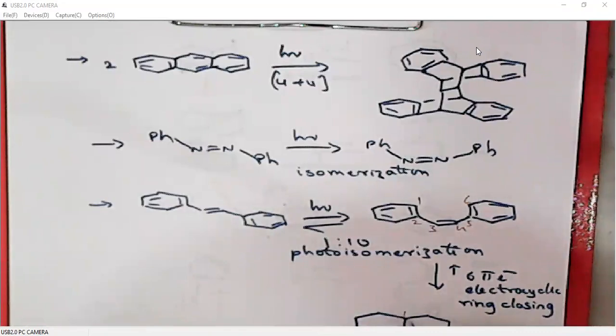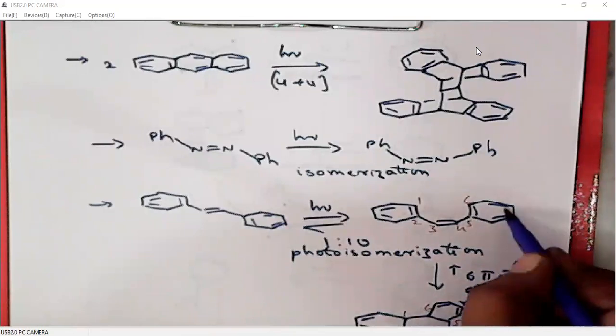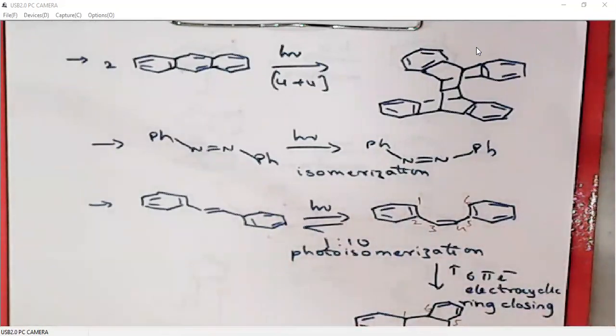Same thing, 1, 2, 3, 4, 5, 6. So another benzene ring is at the 5, 6 carbons. So this is the ring. These two are the double bonds which are unperturbed. So these two double bonds did not get involved in the electrocyclic reaction.